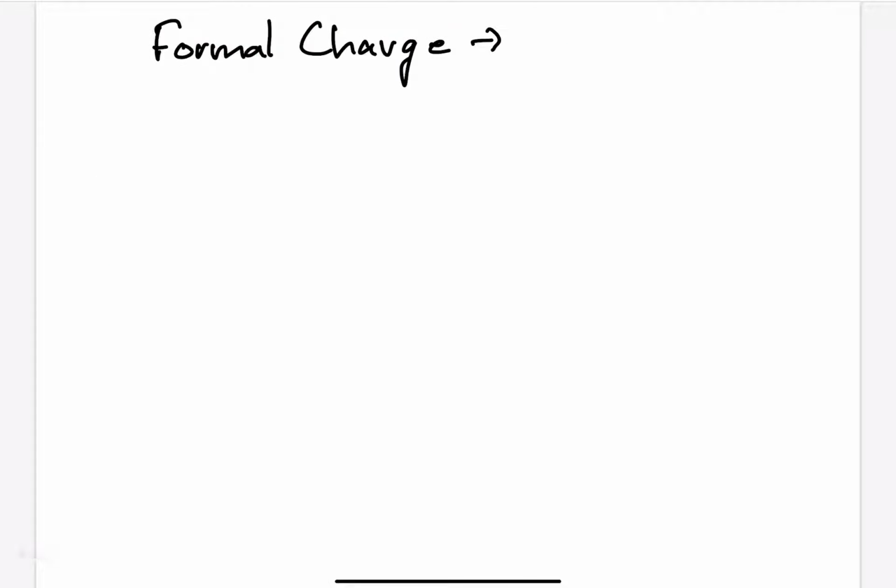Let's take one example, CO3. It's a polyatomic ion with a charge of -2. By grade 11 we already know the Lewis structure of carbonate.